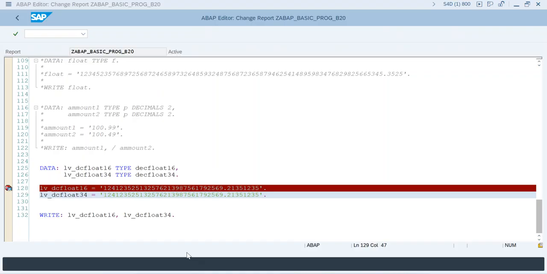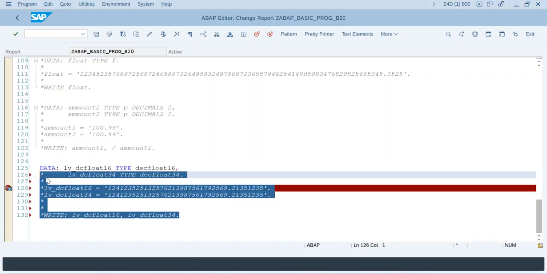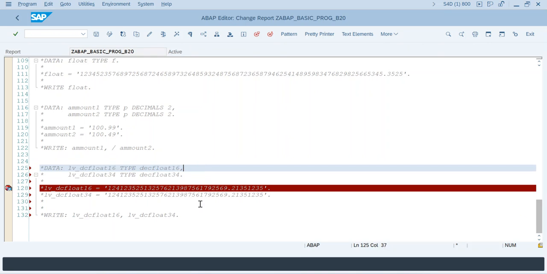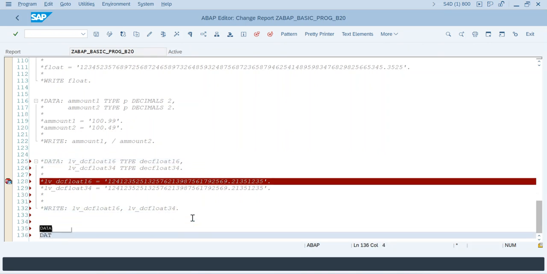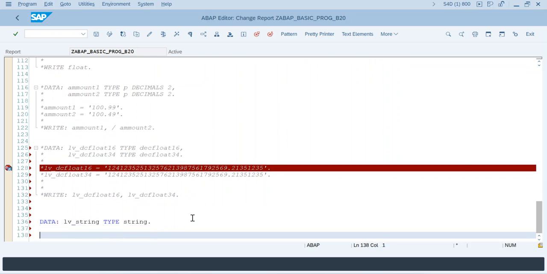Okay, let's see that. I'll just comment this. Data lv underscore string, type string, and now I'll store some value, ABAP data types.